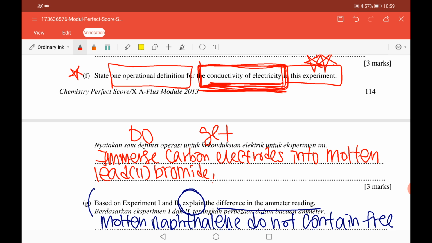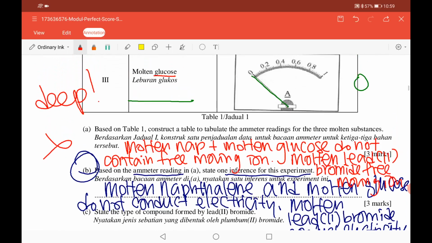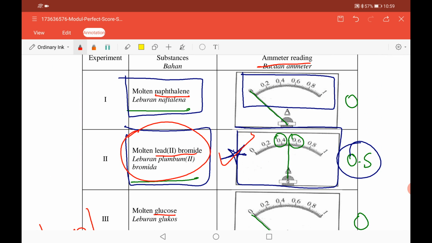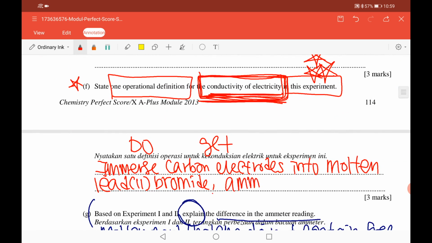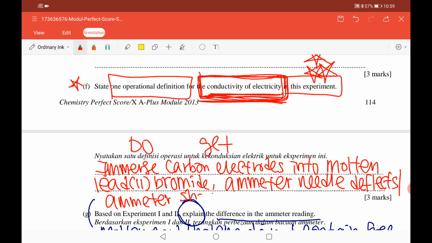If we immerse the carbon electrodes in molten lead bromide and there is electric conductivity, we will see the ammeter show a reading, or the ammeter needle deflects. So that is how we are going to write the operational definition. If you write like this, normally you will get 2 marks already.